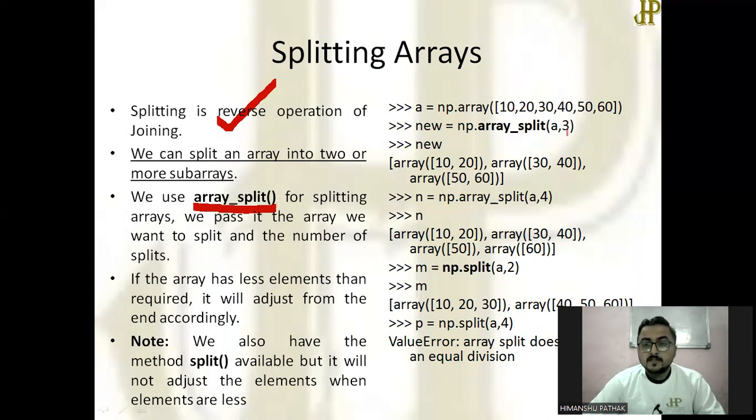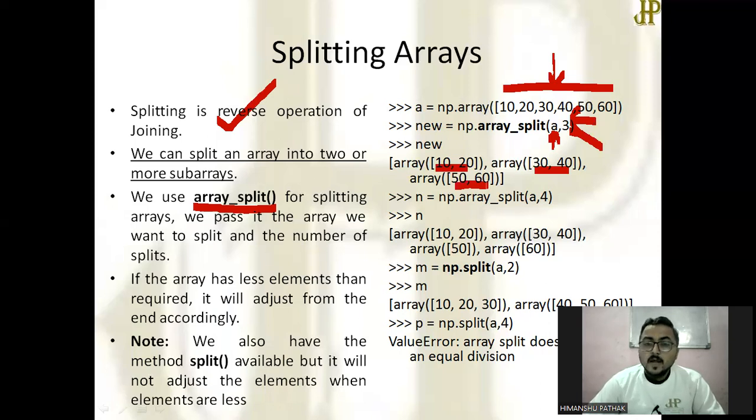First one is whatever the array is, and the next one is how many splits you want to do. So here you can see that a is supplied, that you have to take these values, and these values are broken into three sub arrays. So here you can see that 10, 20, 30, 40, 50, 60, three arrays are created.